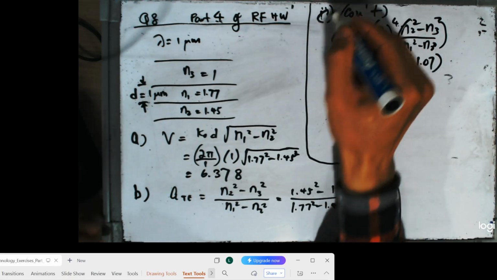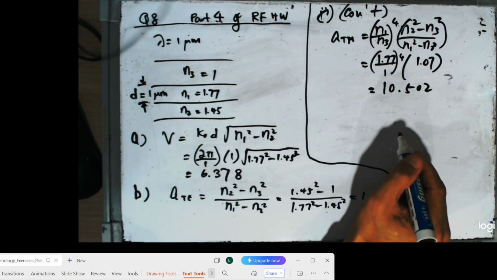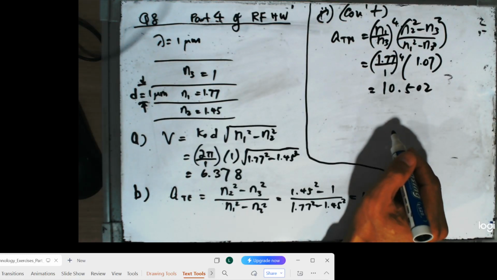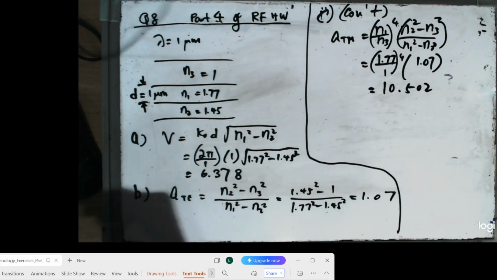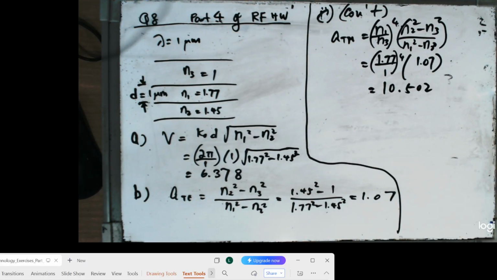Now part D. We need to find out the propagation constant. So we need to use the V number to determine it. And I'm going to switch you to the V number.